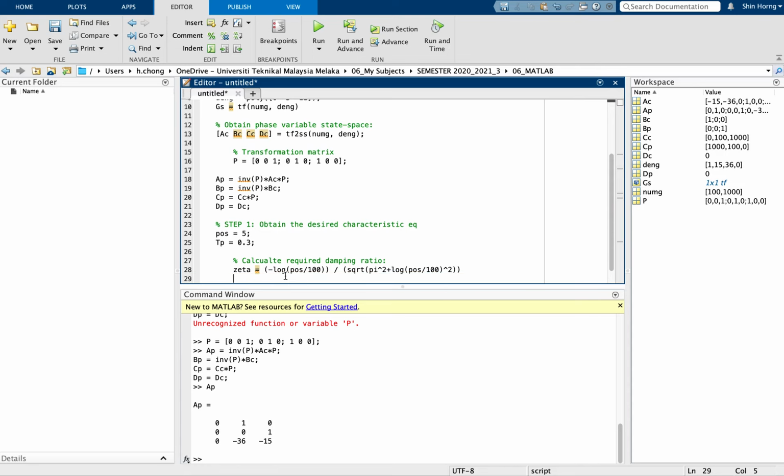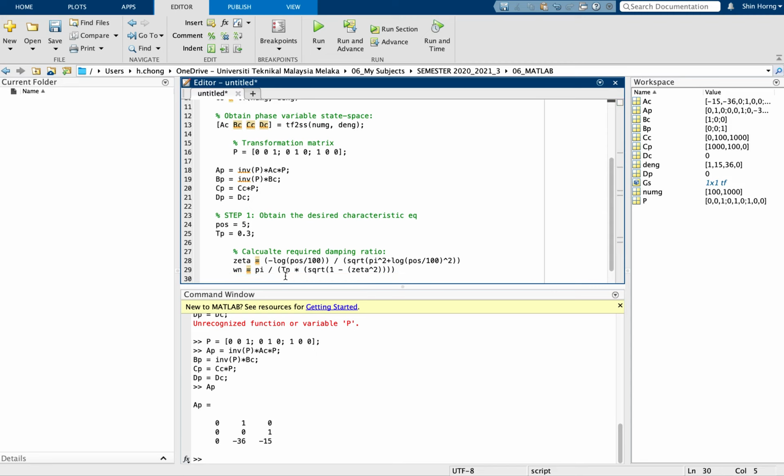Then my omega n, based on the TP formula, is pi divided by TP multiplied by the square root of 1 minus zeta squared.